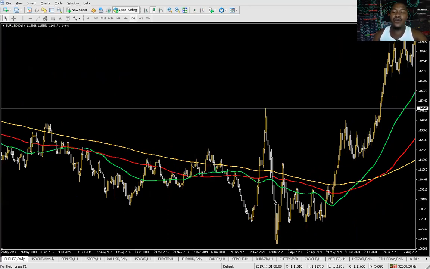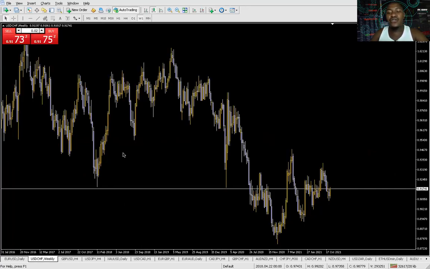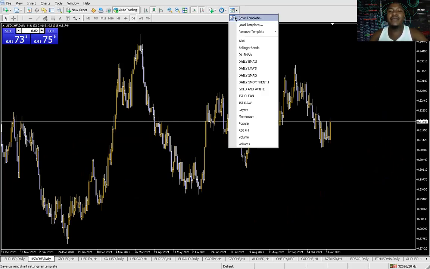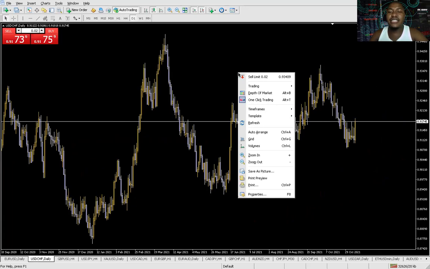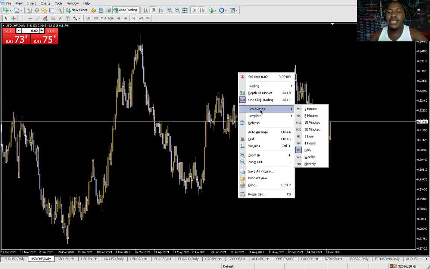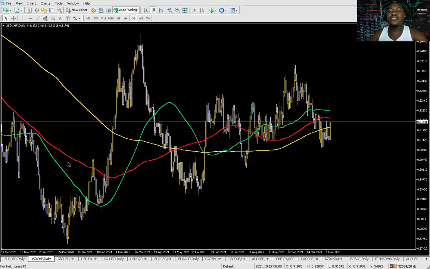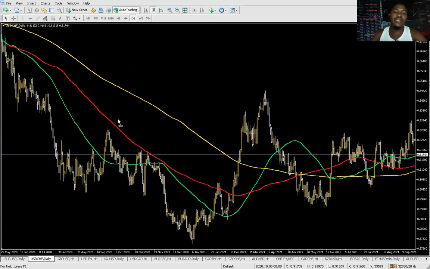Now, anytime you're opening, maybe, a USD CHF chart on a daily time frame and you want to see the market the same way that we discussed, just right click anywhere on your chart, select template, and then select your D1 SMAs. When you select your D1 SMAs, this is what you will see.